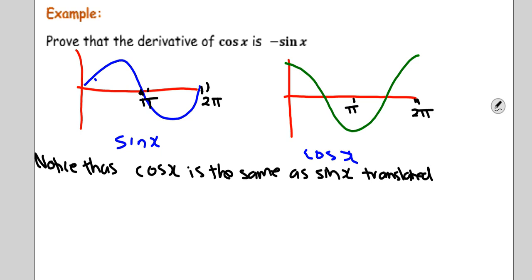If I wanted to turn a sine graph into the cos graph, how many units left should I shift the sine graph? Pi over 2. Initially you think pi, but it's pi over 2. So notice that cos x is the same as sin x translated pi over 2 units left.